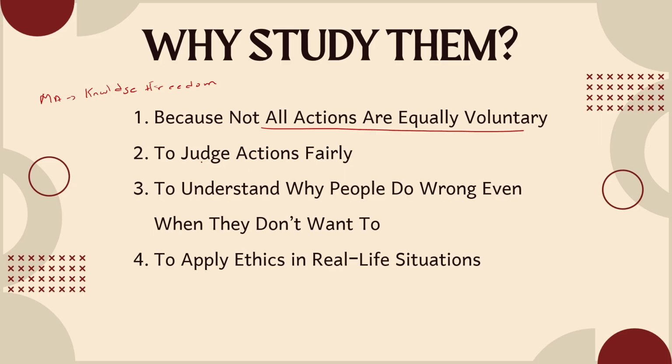Next is to judge actions fairly. When we are evaluating moral or legal situations, we must be fair, and these modifiers help us avoid unfair judgments. For example, a child breaks something. What do we say? Lack of knowledge: it's a child, hence less responsible.